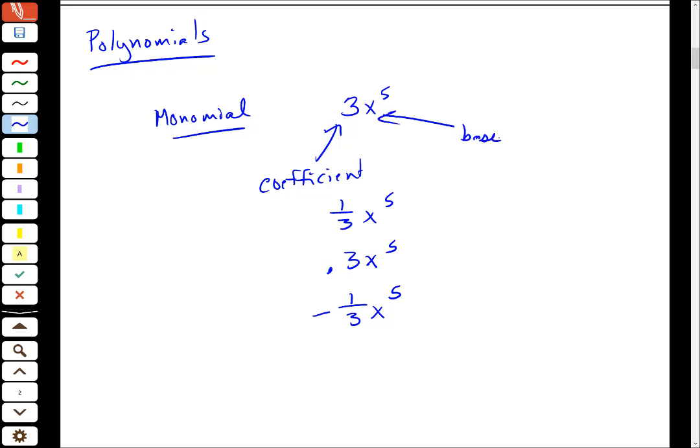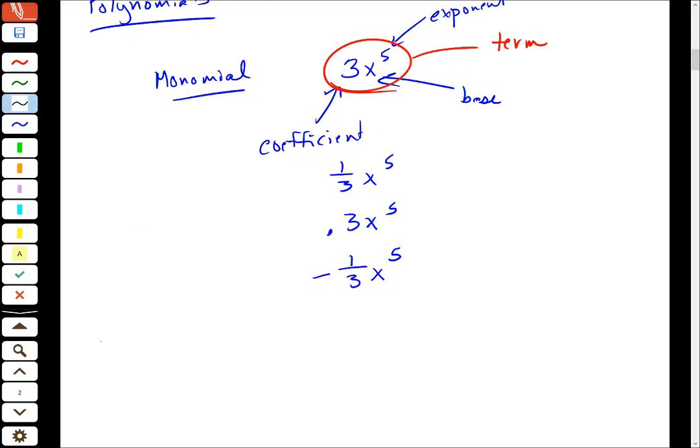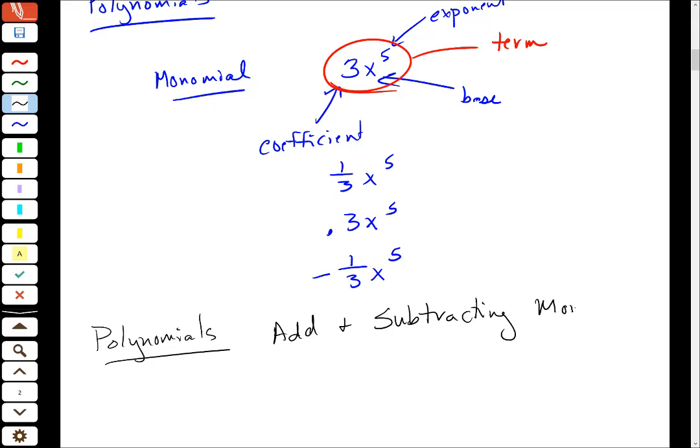The variable that you're using, and here's the exponent right there. This whole thing is typically called, when we use it in other places, a term. So when I expand this monomial and start to add, polynomials, poly meaning more than one, and monomial, mono meaning one, are created by adding and subtracting monomials.